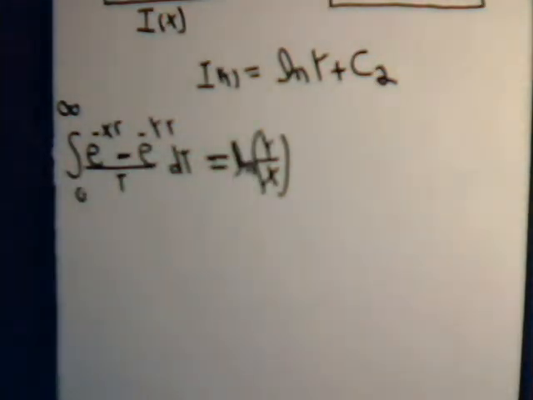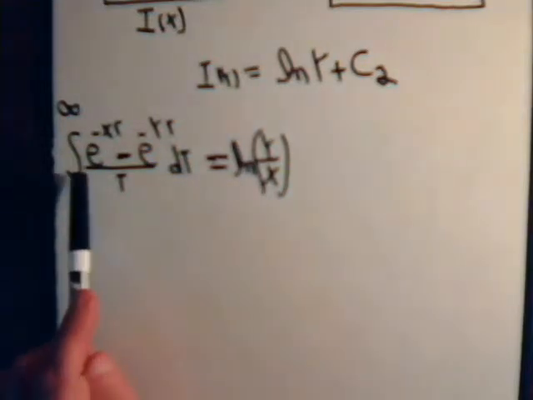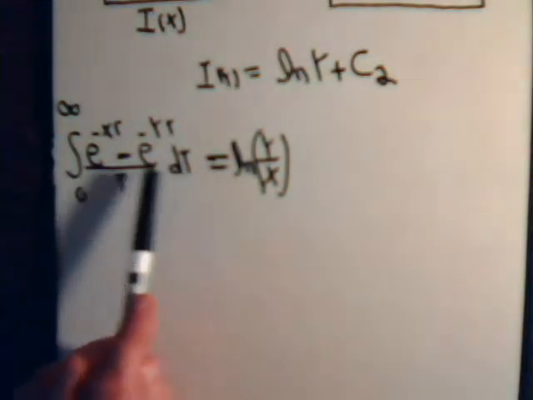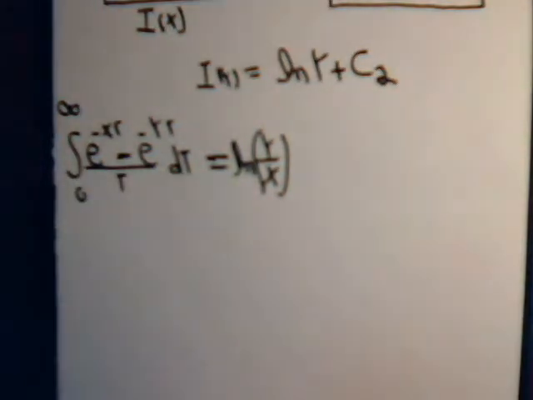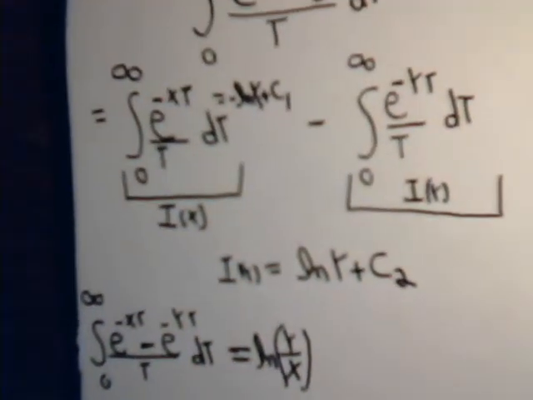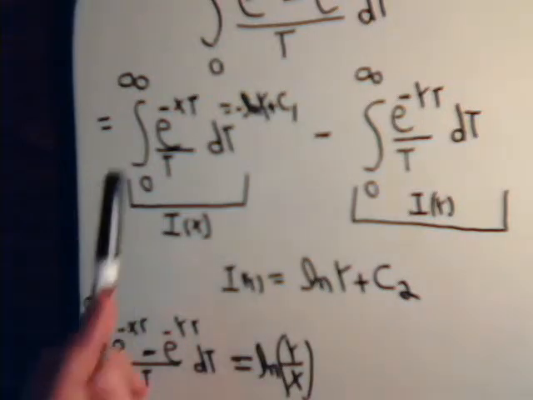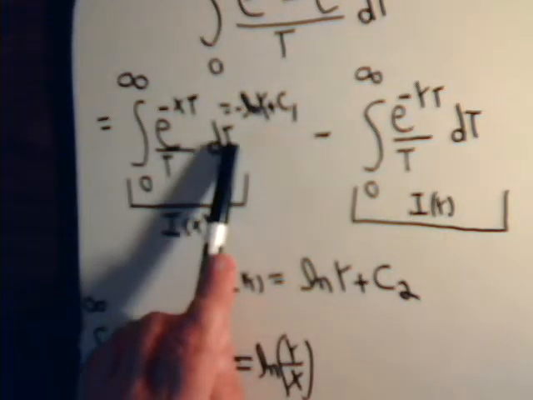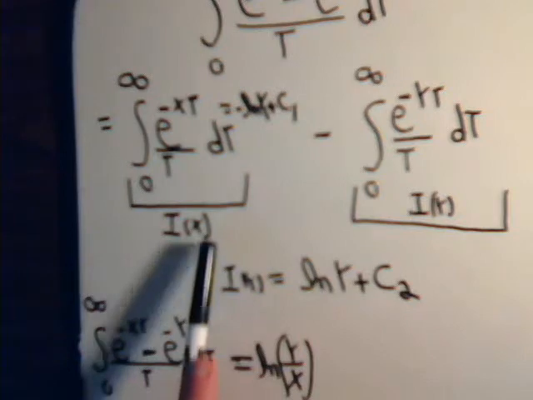And that's the answer to our problem. So the logic is a little bit convoluted, but here was an integral that we had no way of evaluating, but we could differentiate it. When we go through the differentiation process, we just symbolize that, okay, here's the integral, and it's going to be some function of x.